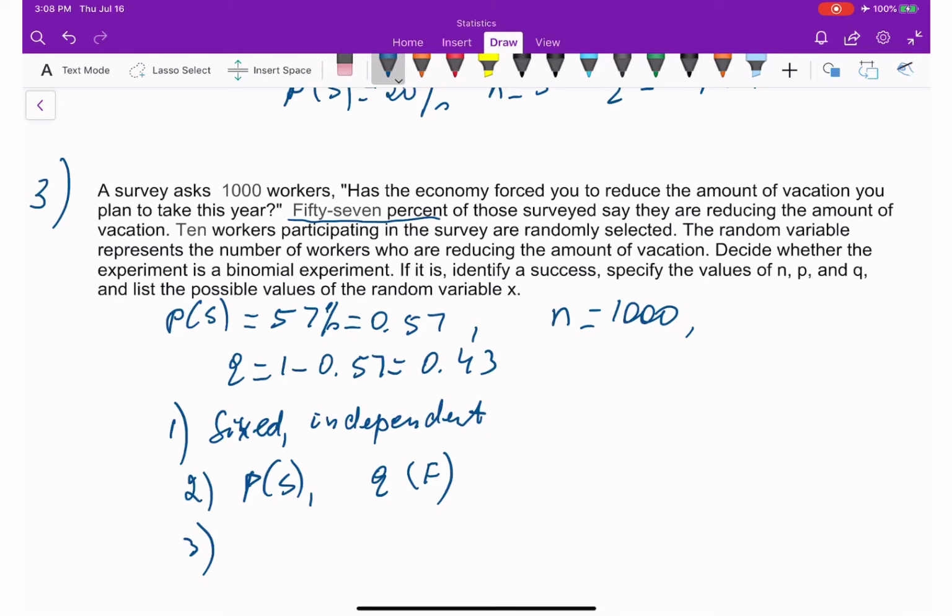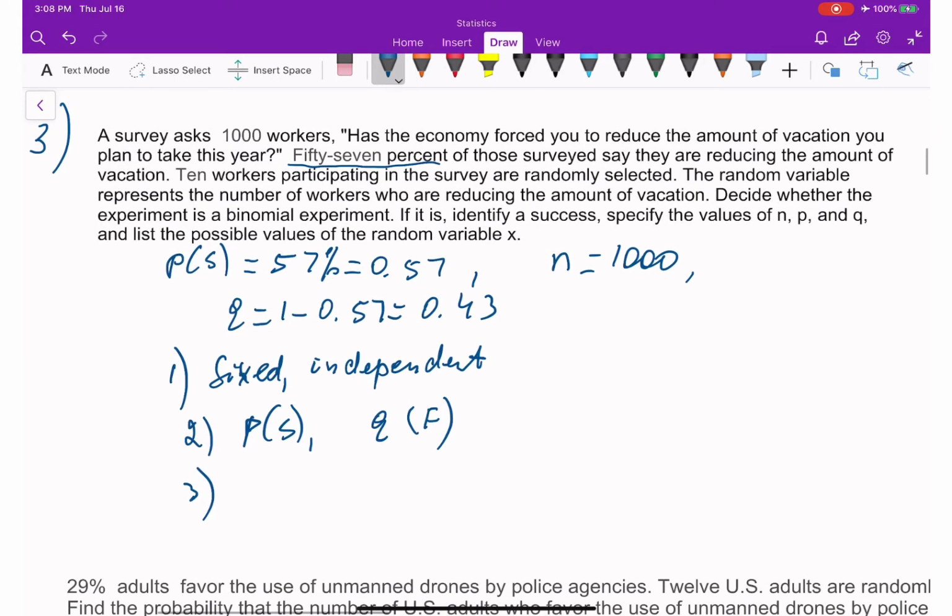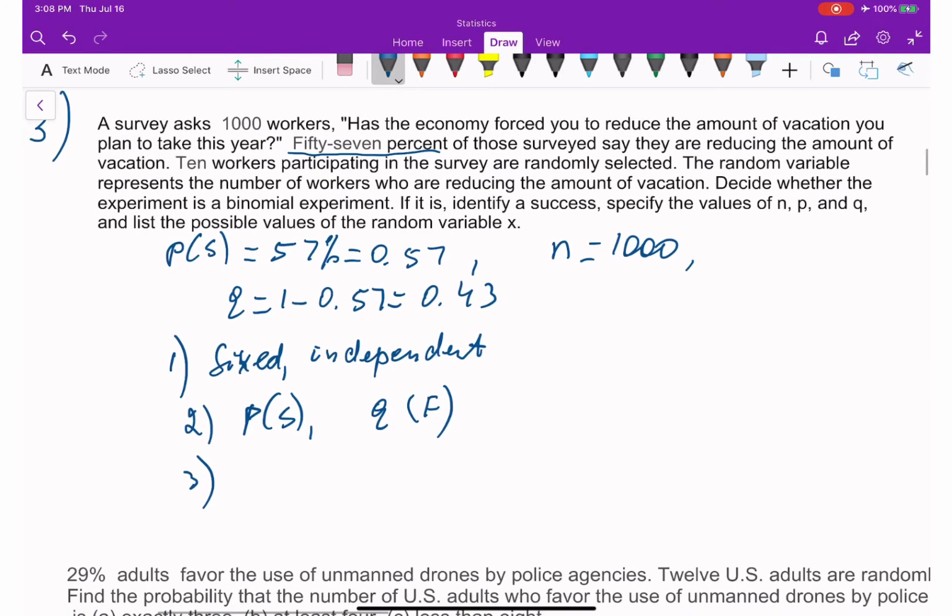Let's say I reduced my vacation, you didn't reduce your vacation. So that chance is the same when you are asking. So the probability of success is the same for each trial.